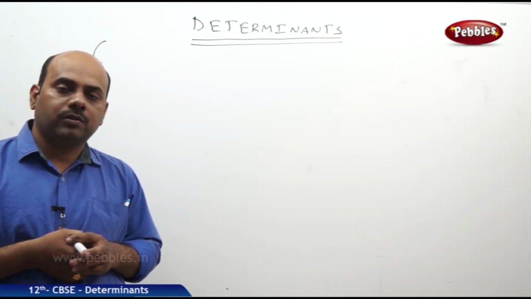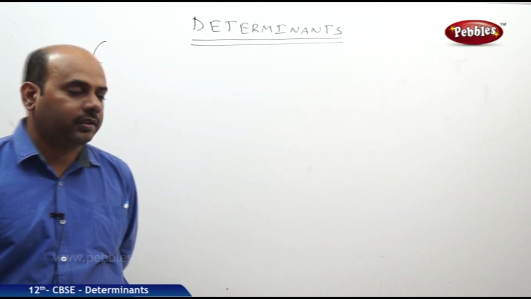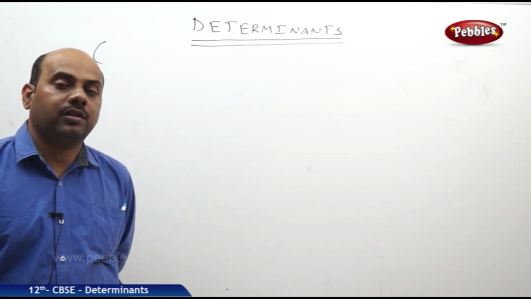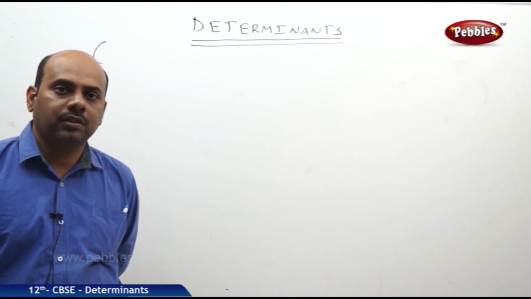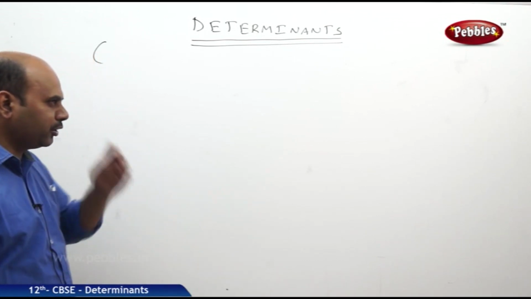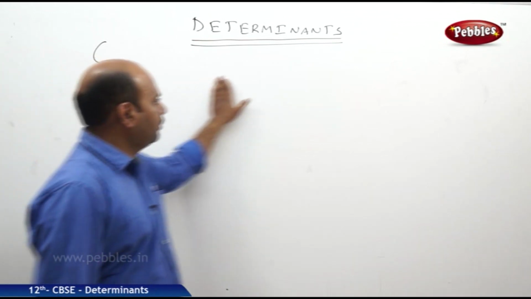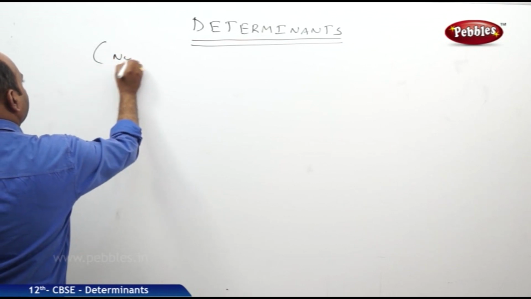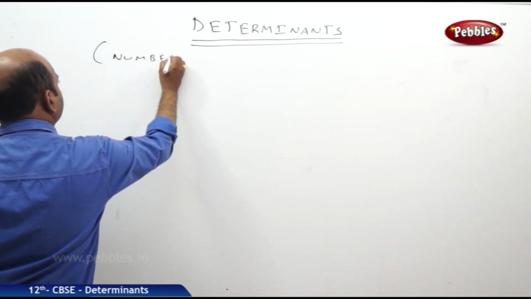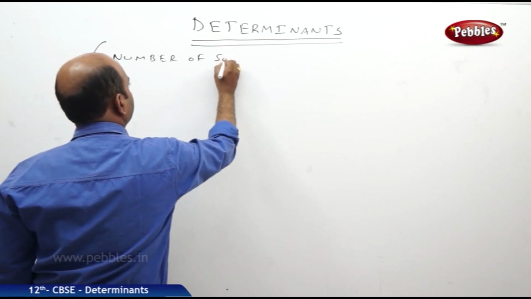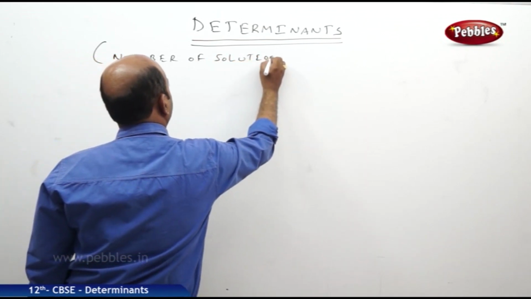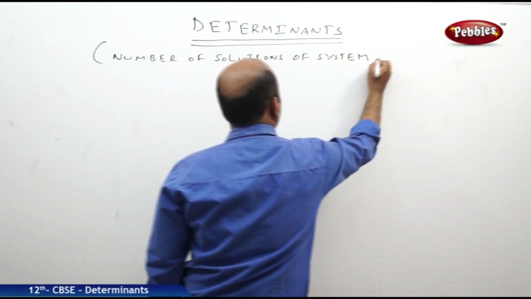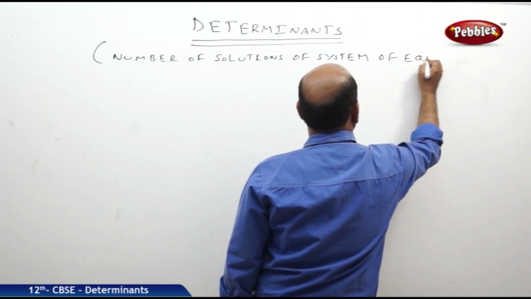Good morning friends. In yesterday's class we saw the topic called determinants. In determinants yesterday we solved a system of linear equations using Cramer's rule. So once again, in continuation with our previous topic, we shall be seeing Cramer's rule, and here I go with the heading: number of solutions of system of equations.